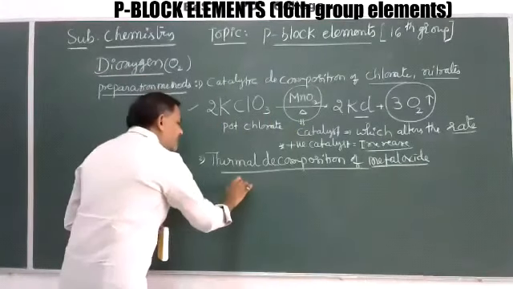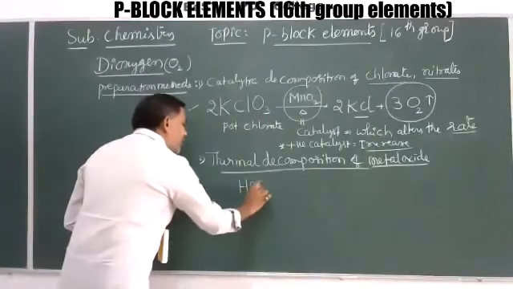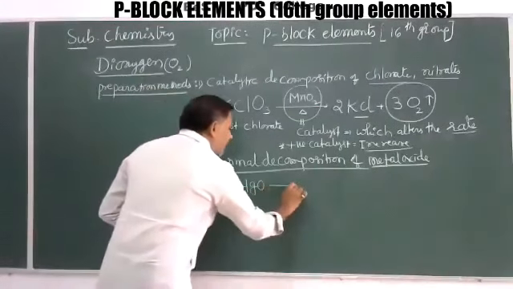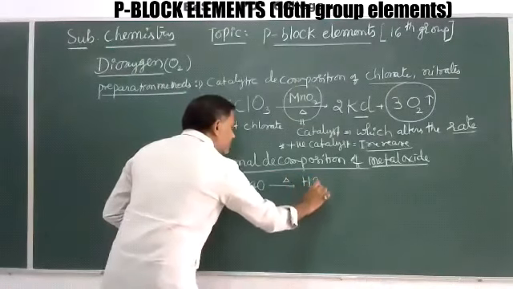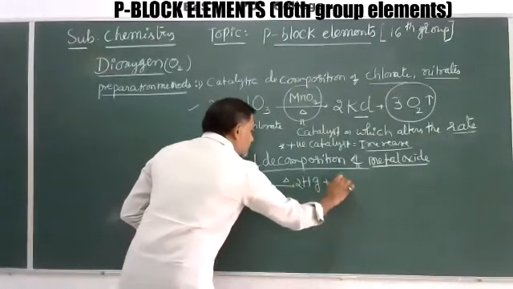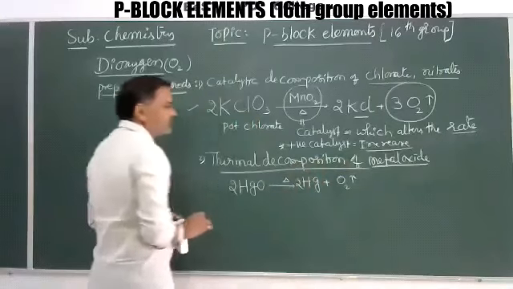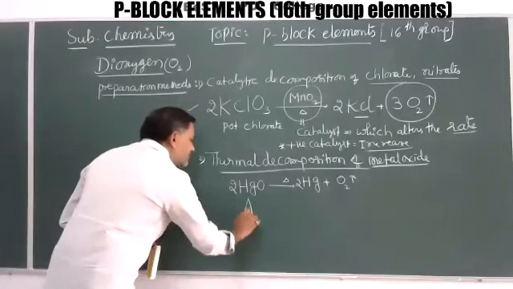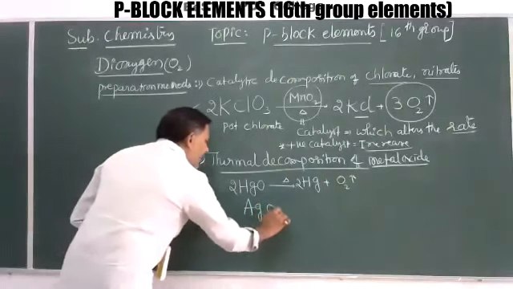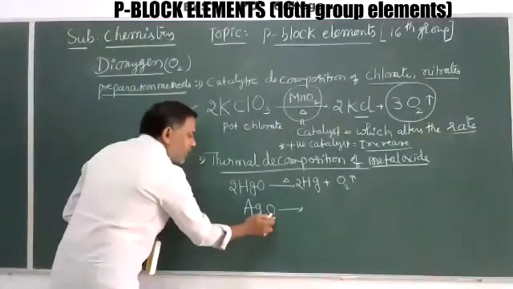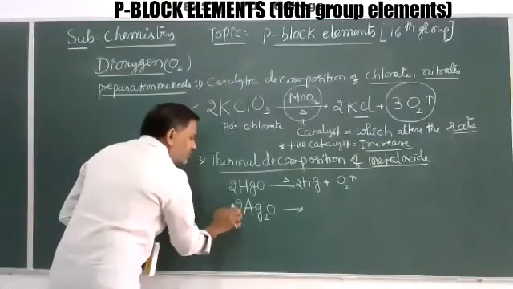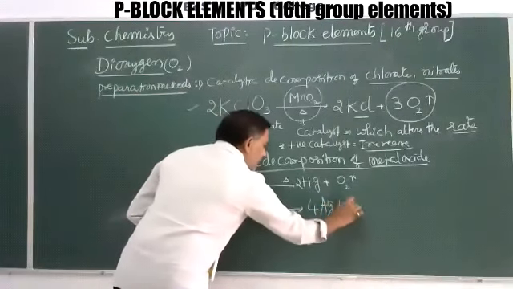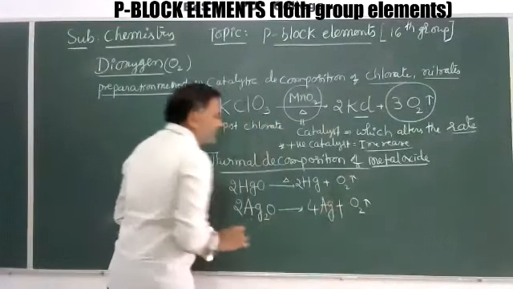Like HgO, mercuric oxide: 2 moles of mercuric oxide on heating give Hg metal plus oxygen gas. Silver oxide, Ag2O, has only one oxygen atom, so take care of the 2 moles: 2 into 2, 4. That's why 4 Ag plus oxygen gas is liberated.